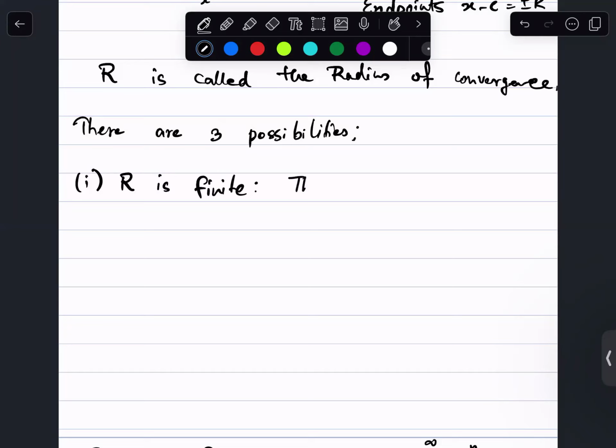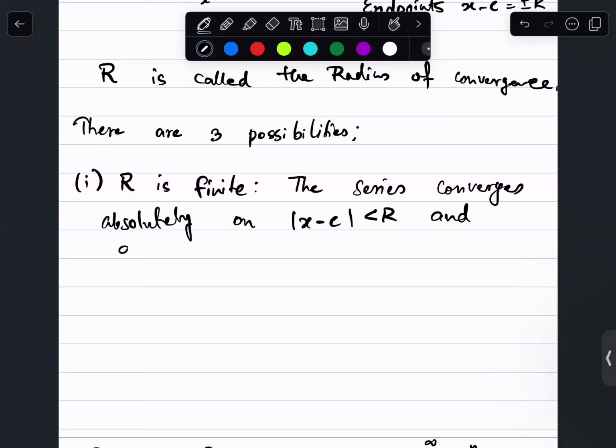Then the series converges absolutely on |x minus c| less than r and diverges when |x minus c| is bigger than r.